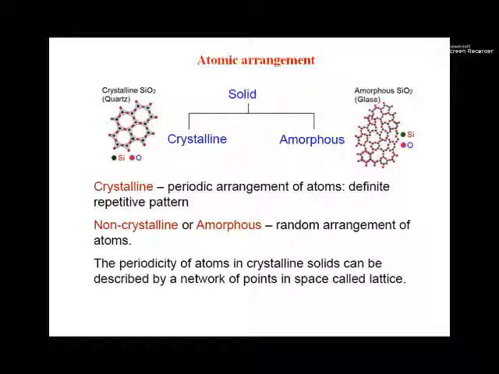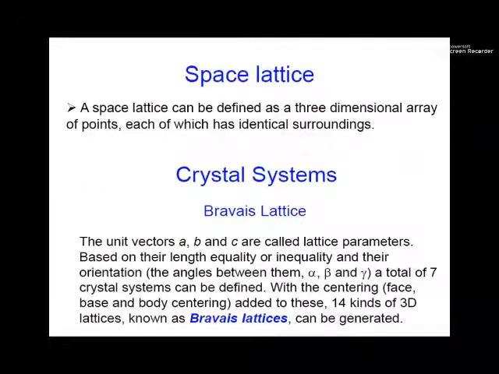In the case of glass, there is random orientation or random arrangement of atoms. There is no periodicity at all, and in the case of crystal, as there is periodic arrangement, this periodic arrangement of the crystalline solids is described as a network of different points, which is called a space lattice.